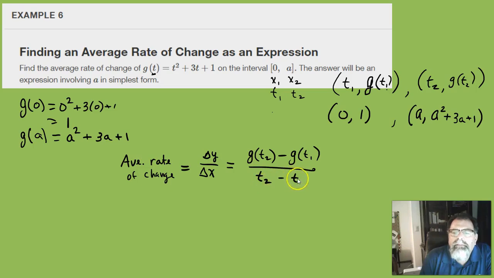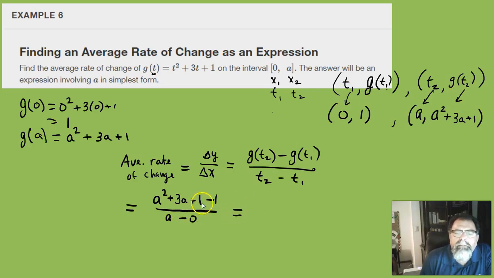So t2 minus t1. Okay, and then that's going to get me this expression, a squared plus 3a plus 1, minus g of t sub 1, which is 1, all over t sub 2, which is a, minus t sub 1, which is 0.